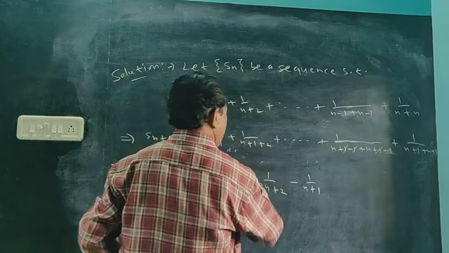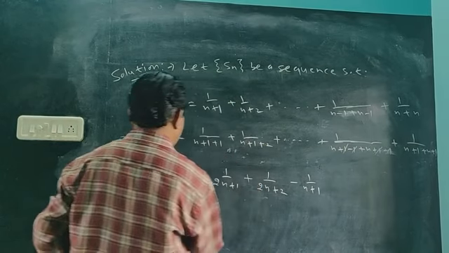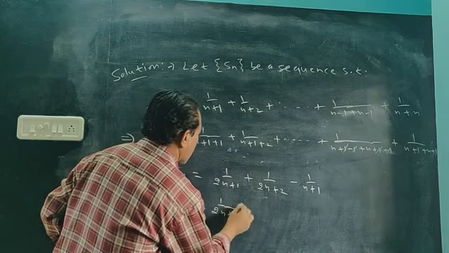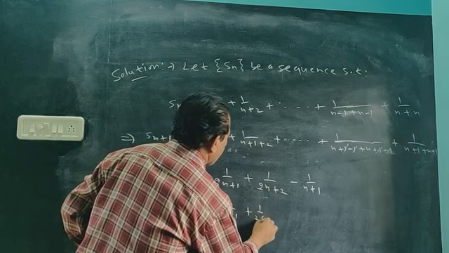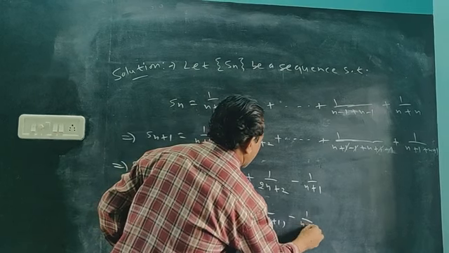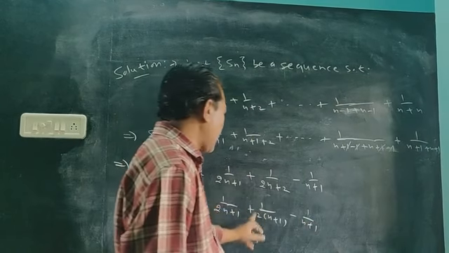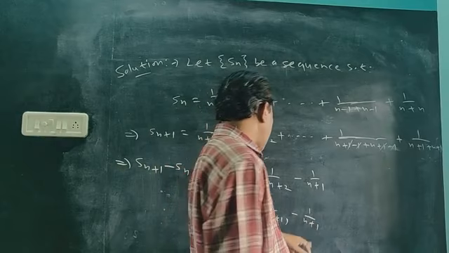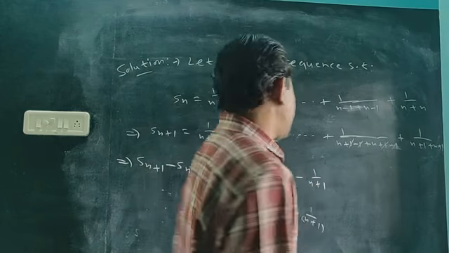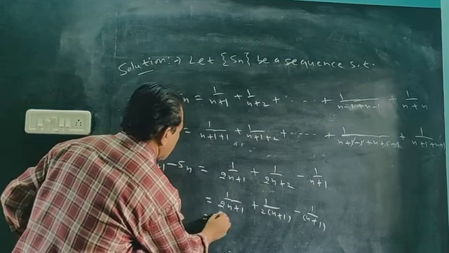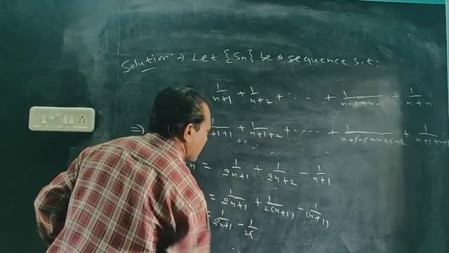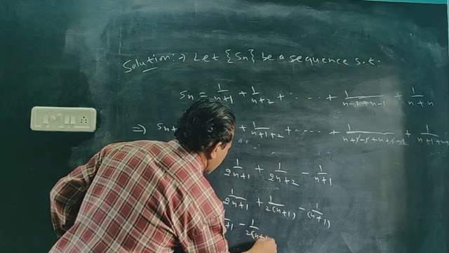So this term and this term: 1 upon twice n plus 1. 1 by 2 is common, so half times n plus 1, and here 1 times n plus 1. So then, half minus 1 minus half, so 1 upon twice n plus 1 minus half times n plus 1.